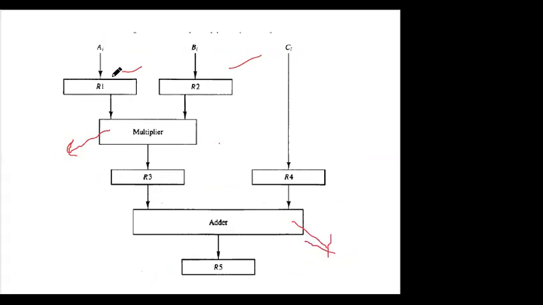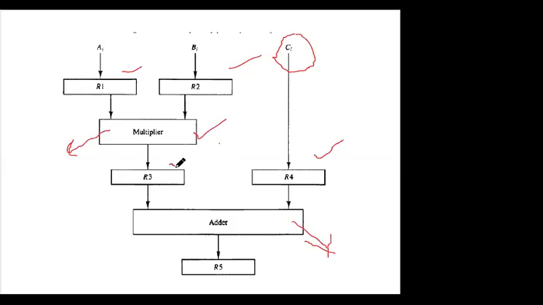So R1 and R2 are loaded with A1 and B1. Then A1 and B1 are multiplied in this execution unit, and the result is stored in R3. When the result is stored in R3, at that time, C1 is loaded into R4. So multiple instructions are operating at this point of time, but they are being loaded in the subsequent buffer registers.